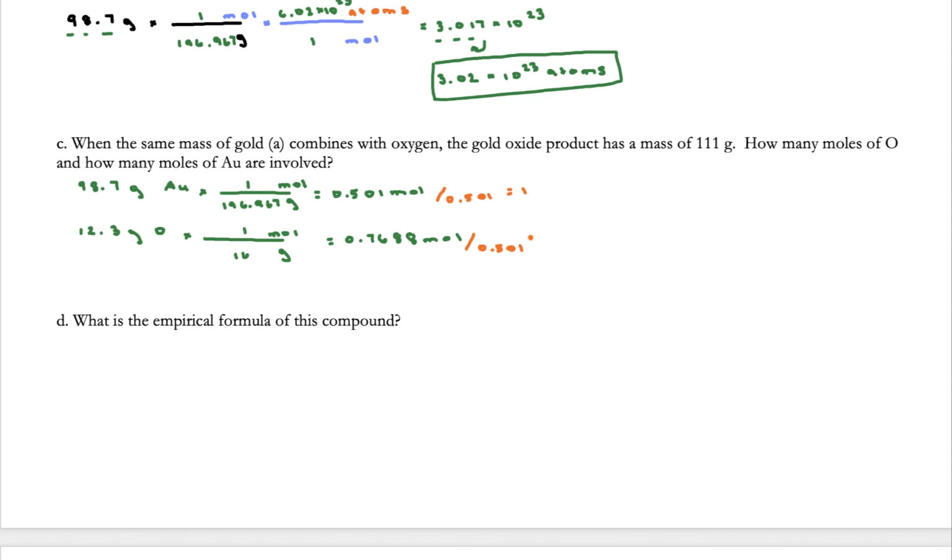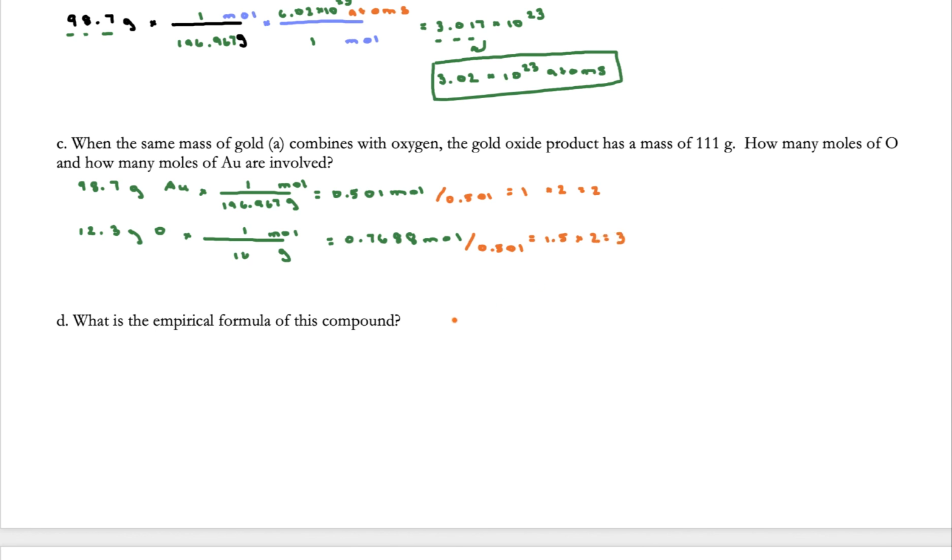And that gives me a lovely and very much appreciated 1.5. A lot of people would be tempted to round this to 2, but you cannot. It is not close enough to 2. So what you're going to have to do is multiply both the 1 and the 1.5 by 2 to give you a whole number. So that will give me 2, and that will give me 3.